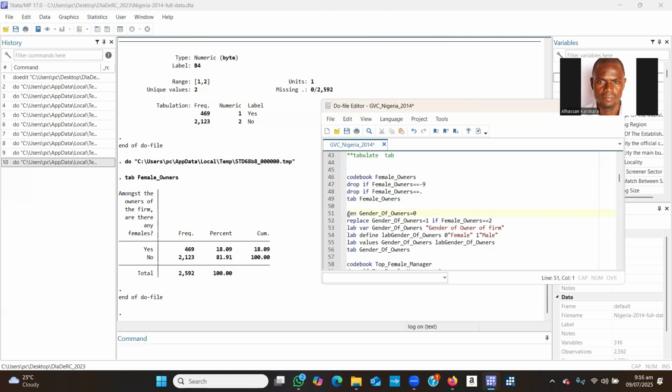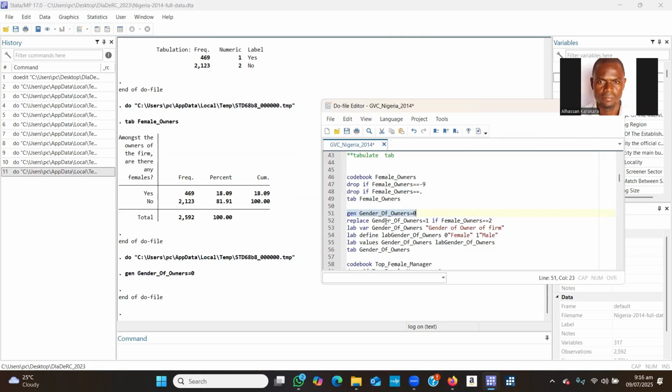The first thing is to generate. I will say generate gender of owners equals 0. That means you are generating a new variable, and you are calling it the gender of owners, the gender of the firm owners.